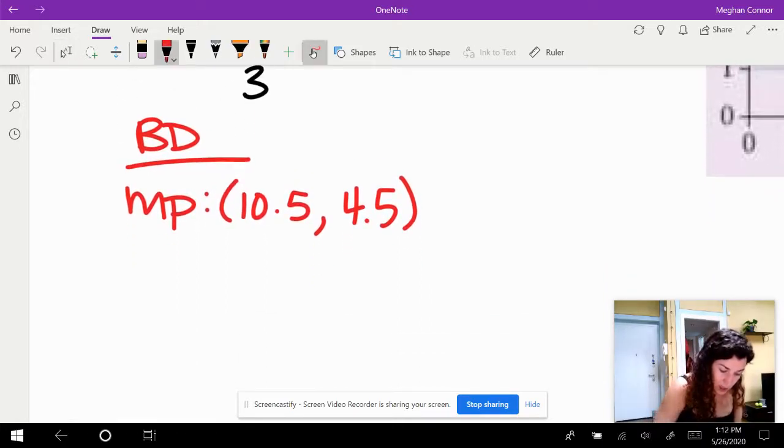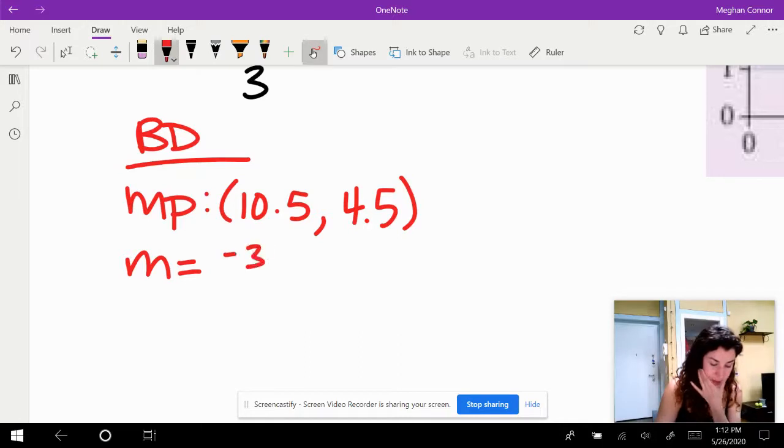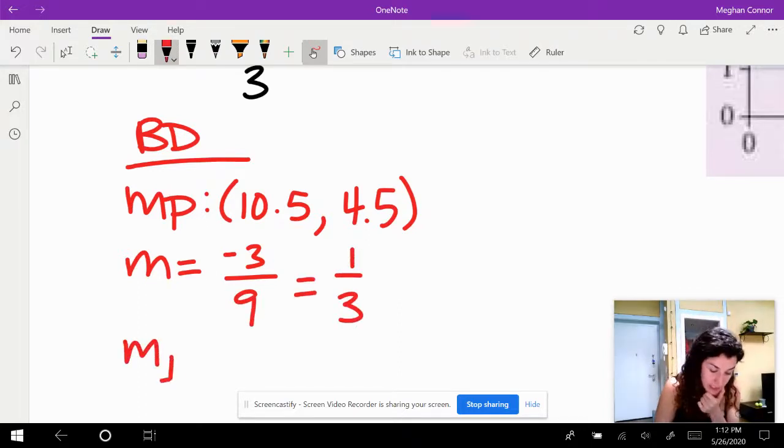And then the slope is 3 minus 6, so negative 3, over 15 minus 6, which is 9. So negative 1/3, which means that our perpendicular slope is going to be positive 3.